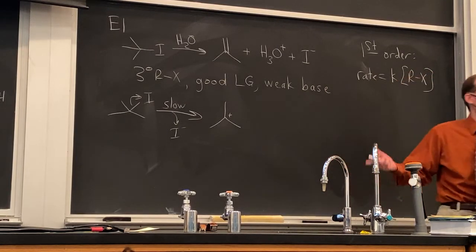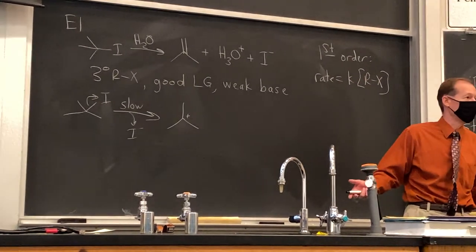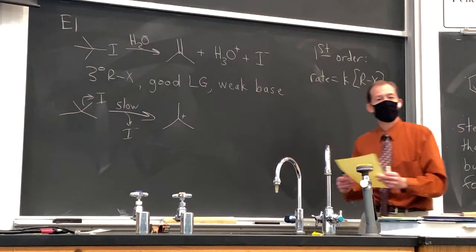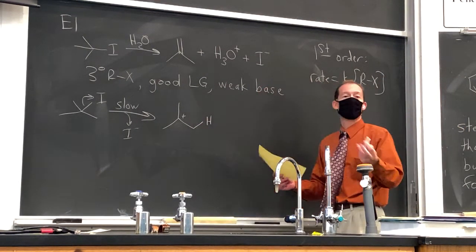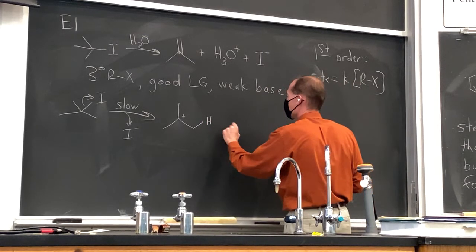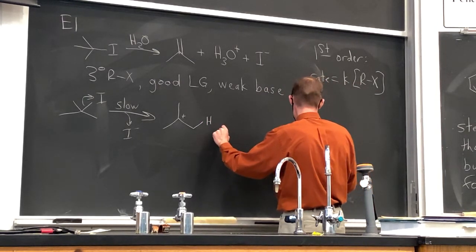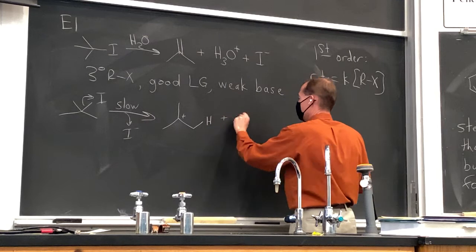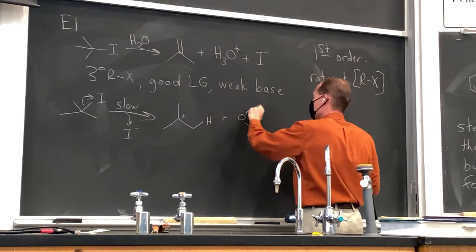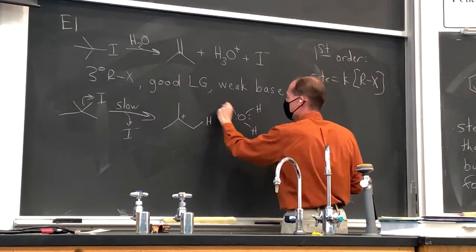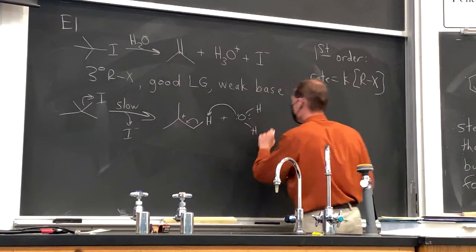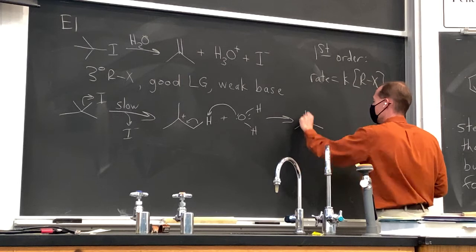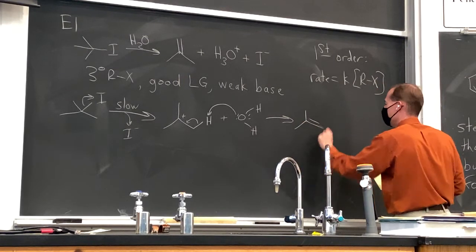Notice this is the same rate determining step we have in the SN1 reaction. We generate a carbocation in the SN1 reaction. But the fate of the carbocation in the E1 reaction is different. What's going to happen is that we'll react it with our weak base, which will deprotonate one of the beta hydrogens, forming our alkene.